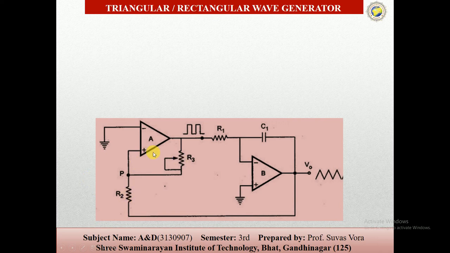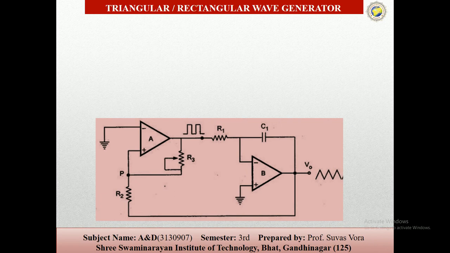The first one is the Schmitt trigger, which generates the square wave. This part is the Schmitt trigger, and this part is the integrator, which converts the square wave to a triangular wave. So the op-amp A circuit is a Schmitt trigger comparator, while the op-amp B circuit is the integrator.